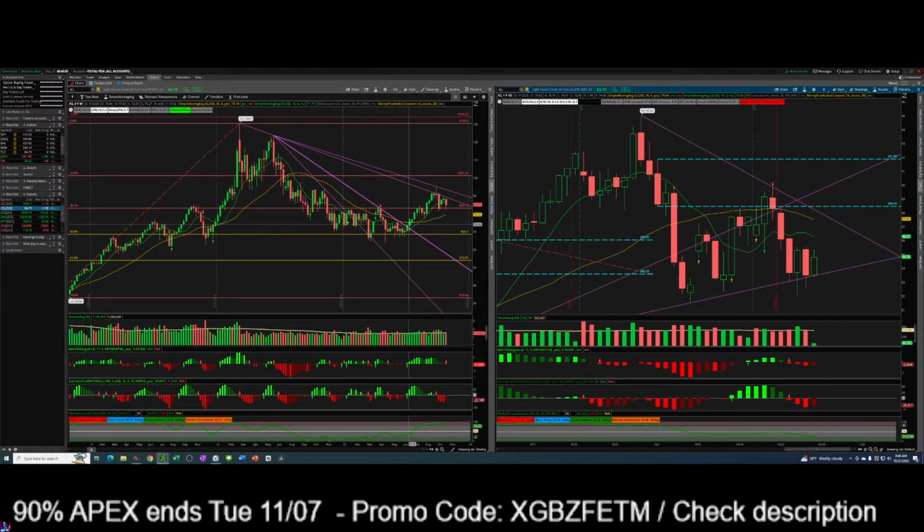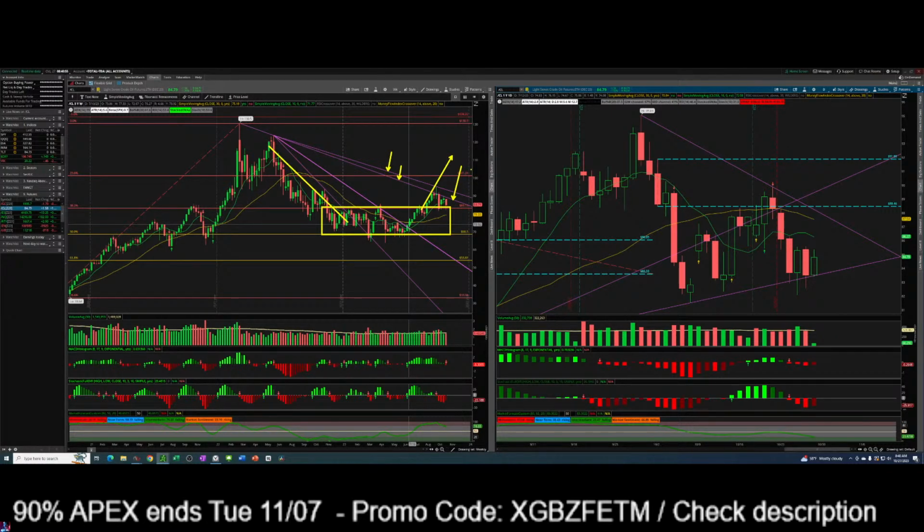We came back down, then we found a range, and now we are trying to move up. We are still below these trend lines that I have here.